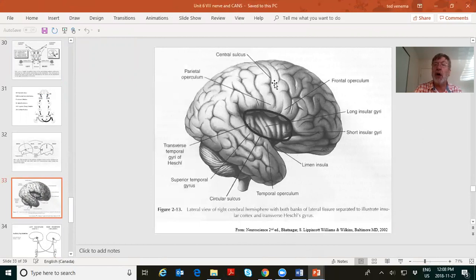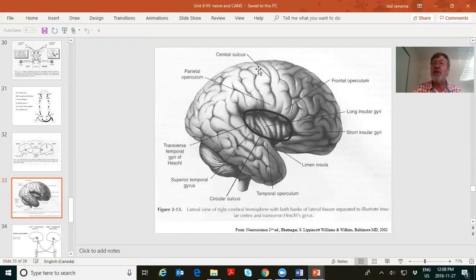This area, your arms, and the top of it, your legs. And look at this area here. That's a sensory strip. This one here is a motor strip. This one's a sensory strip. And this involves your sensations to the mouth, tongue, and lips. Your sensations to your arms and fingertips. And your sensations to your legs.